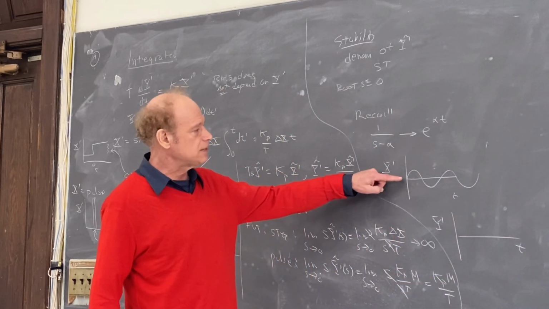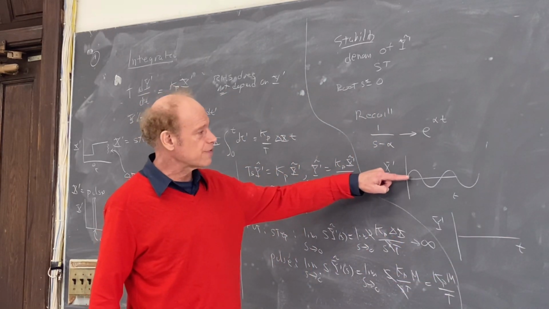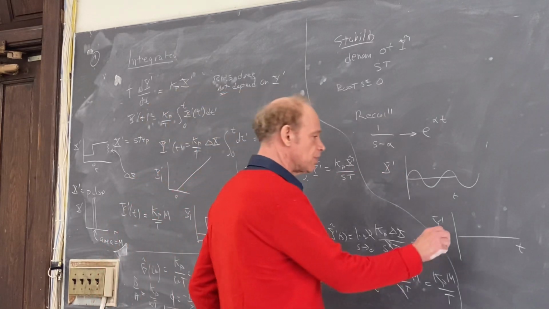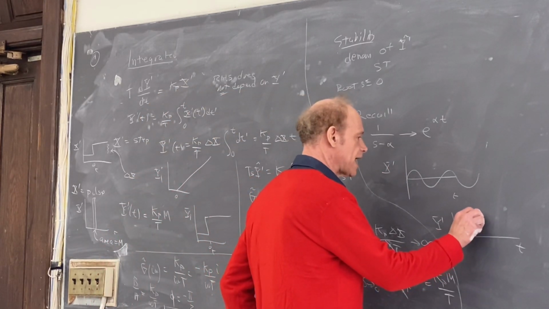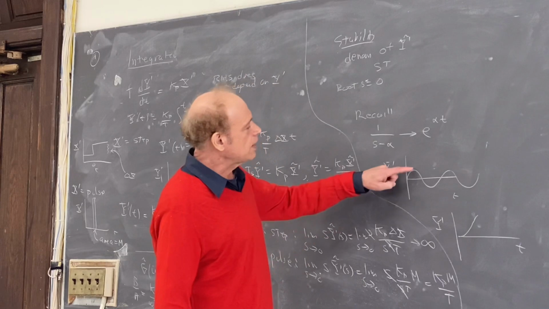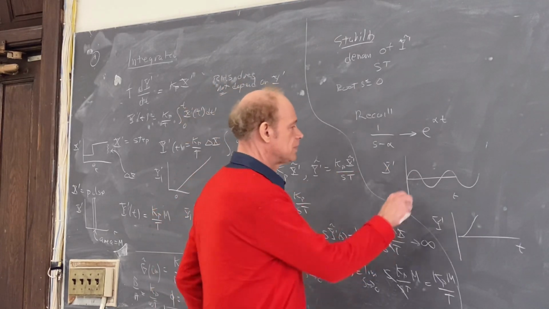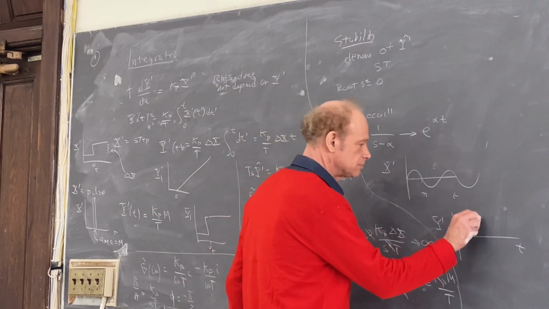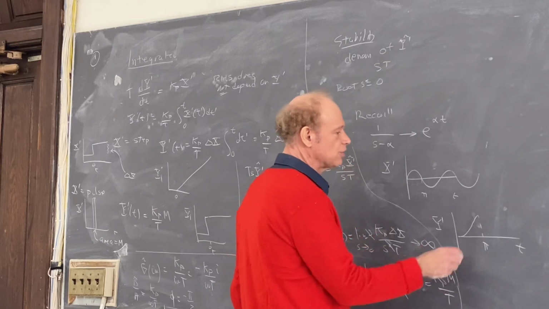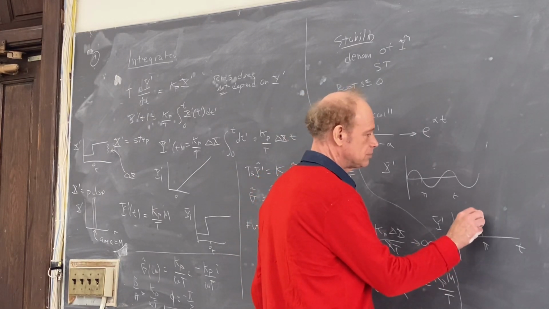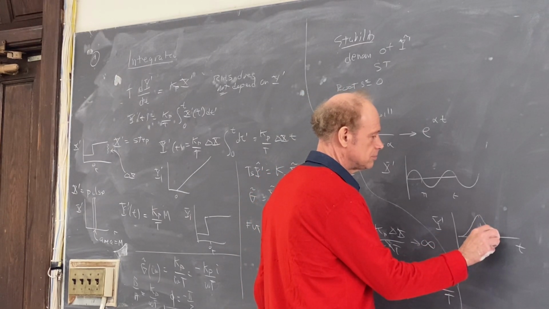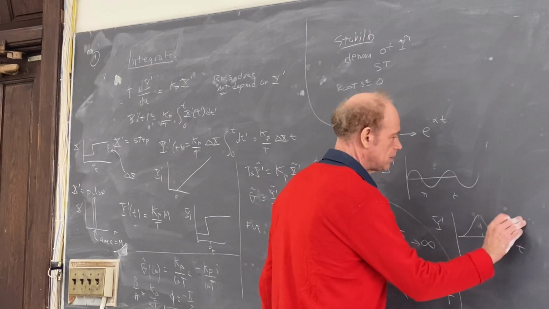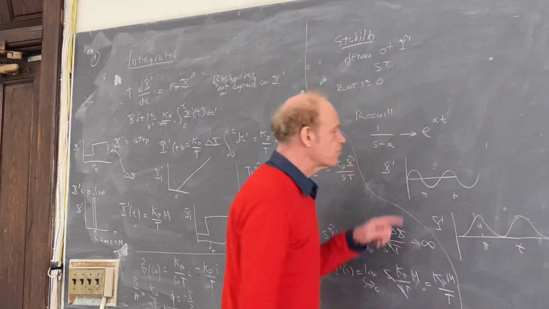Well, when I integrate, I start here, and it goes up. It keeps going up. So it goes up fast, and it slows down. And then when I get to here, this is at pi, it now starts to go down.